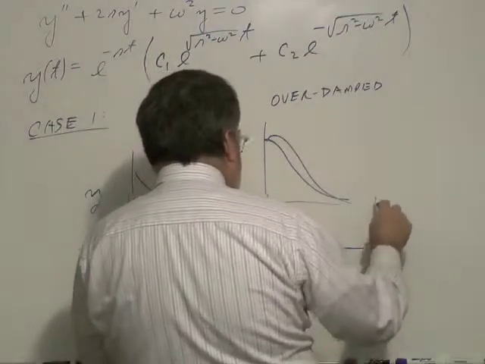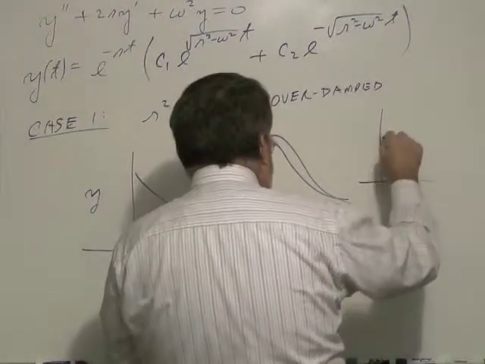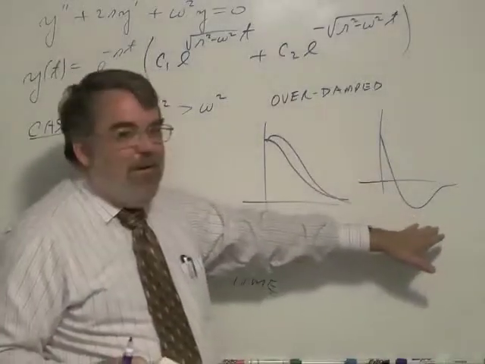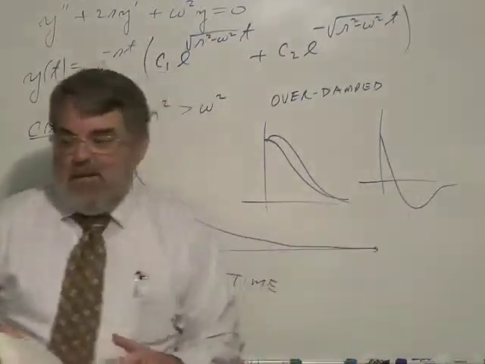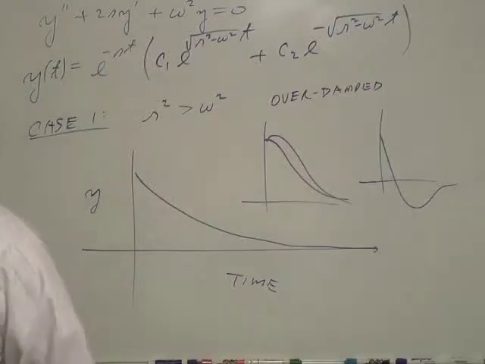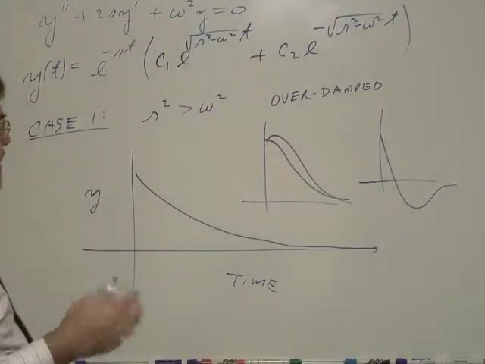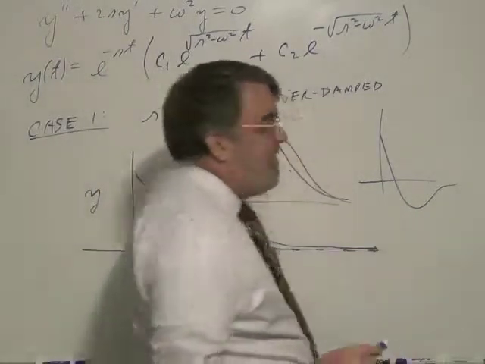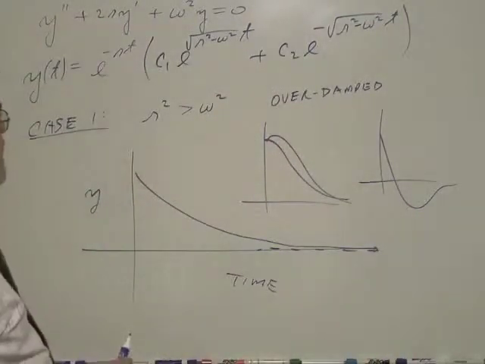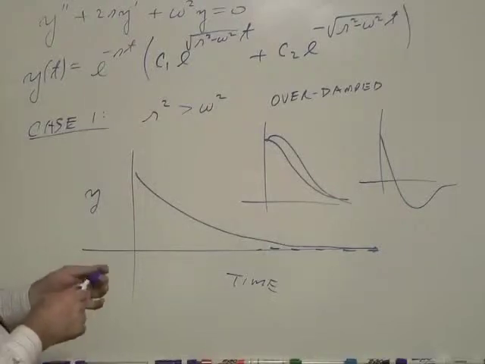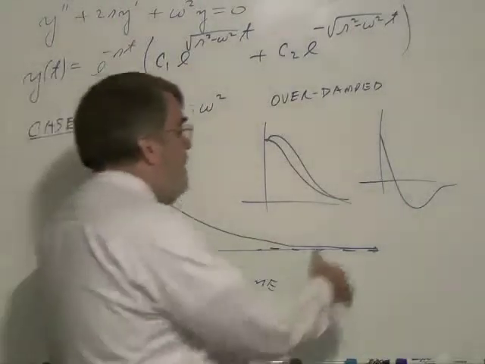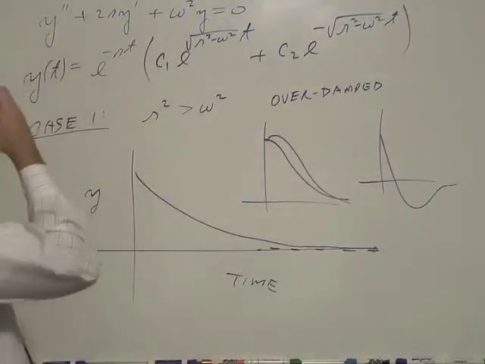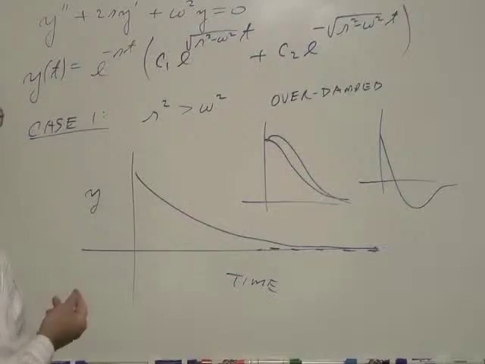It might actually swing too far and then come back. So it really depends upon what all those numbers are. You could get some slightly different graphs. But in all cases, it's asymptotically approaching 0. And that's overdamped. So you might get one bounce out of it, depending on what the numbers are. So that's case 1, overdamped.